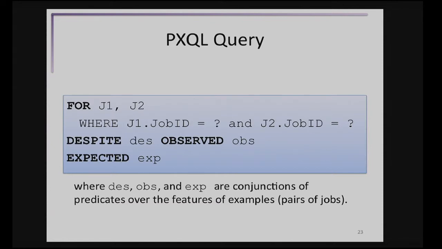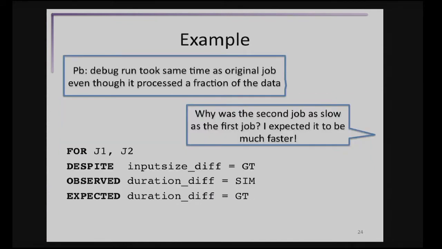We can also use an extra despite clause that helps us clarify our question, the context of our questions. So in this case, I can say, in spite of the fact that J2 processed less data, I observed that it took the same amount of time, and I expected it to go much faster. And we will see that the despite clause allows us to generate much more relevant explanations. So here's the concrete example using the actual feature hierarchy that we have.